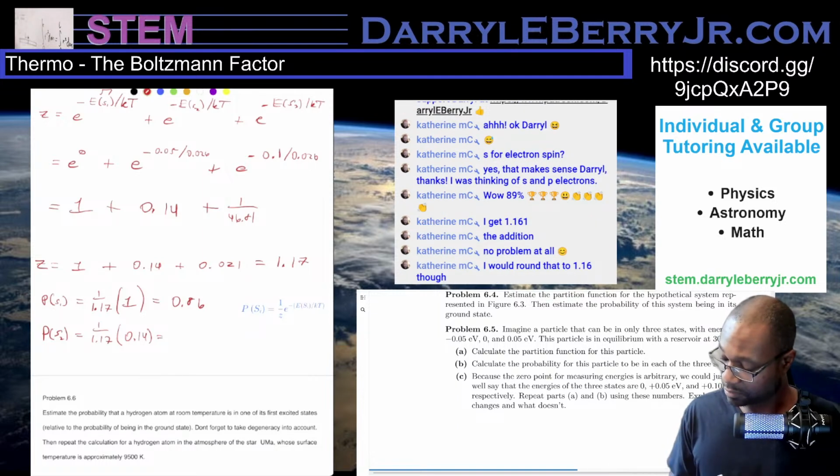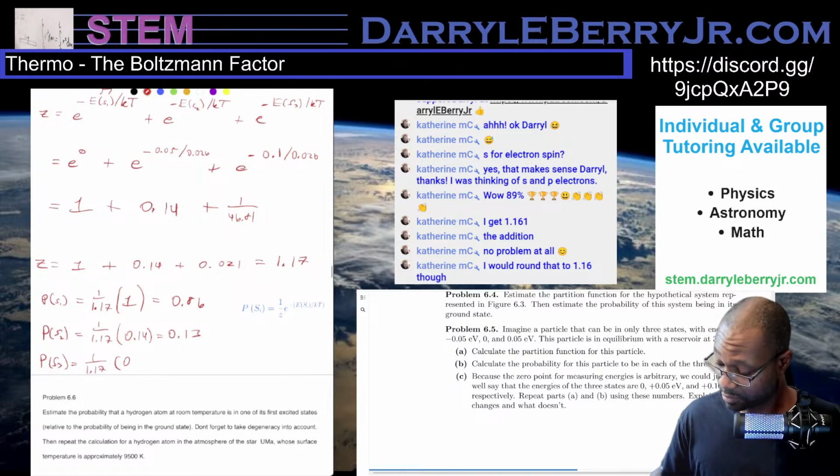So that's going to equal the answer to the previous problem times 0.14, and I'll copy the actual value down. Where is it? Right there. I round it to 2, so that's 0.13. Okay, this is looking good. Then probability of state 3, so that's 1 divided by 1.17 times this, which is 0.021. Okay, so I'm starting to see the pattern.